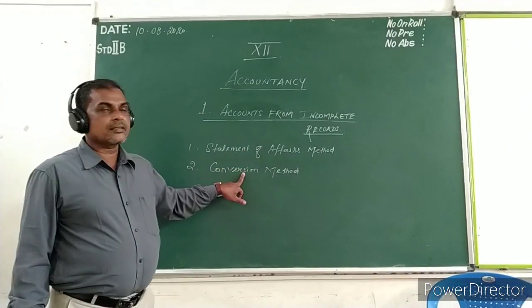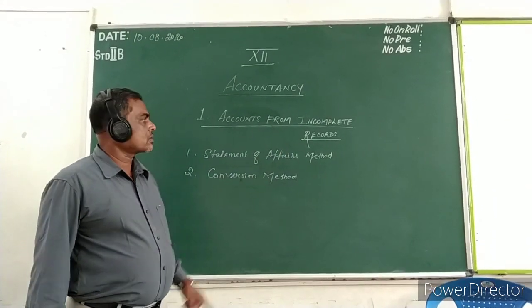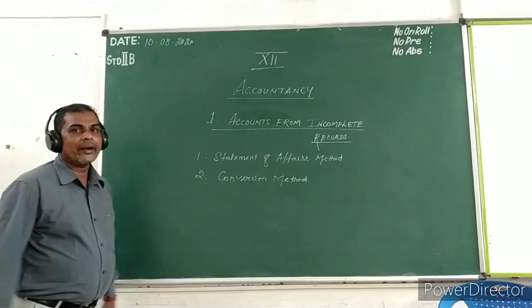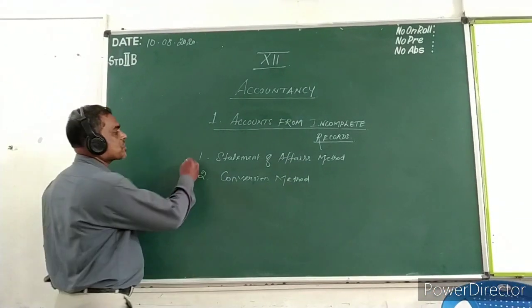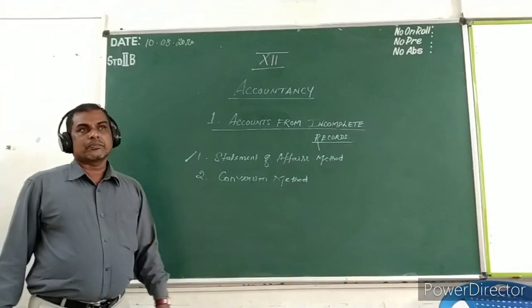Under these two methods, small traders can find out the profit or loss under incomplete records. Now I will teach you how to find out the profit or loss under the statement of affairs method.